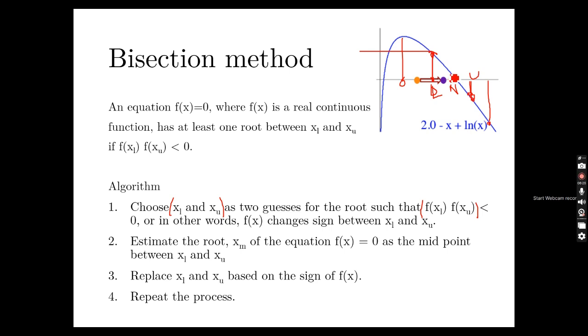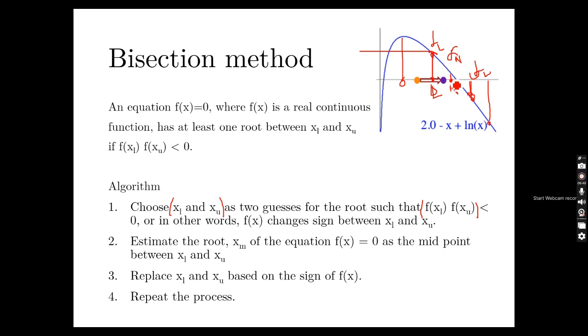So now I will evaluate my f(xn), and I will check the multiplication with fl and fu. In this case, my fn is on the positive end, so my fl multiplied by fn would be a positive number.